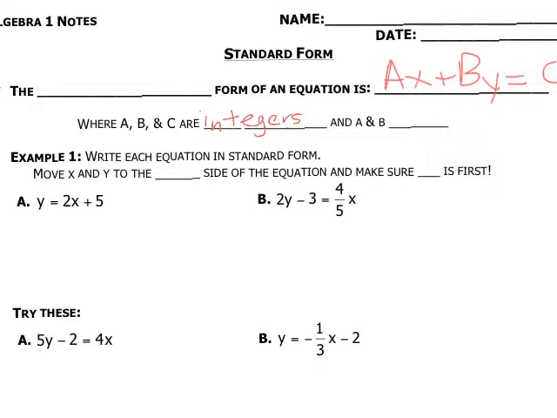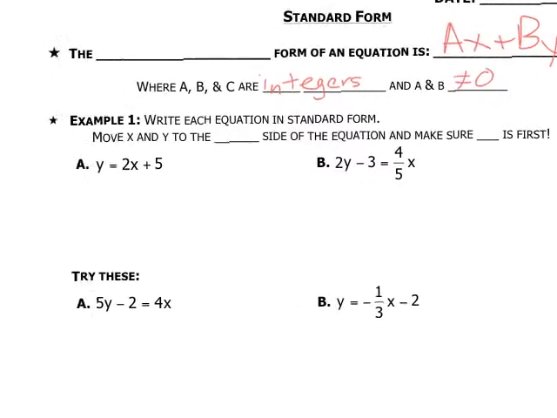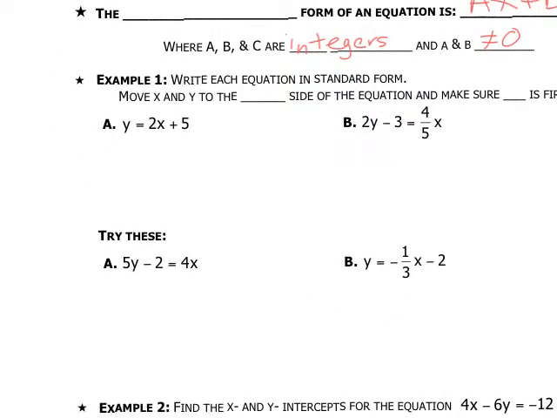Basically that just means no decimals and fractions. And A and B cannot be 0, or both 0, I guess, in standard form. Alright, so let's look at writing something in standard form. Basically all you need to know is A and B have to be on the same side and there can't be any fractions or decimals.